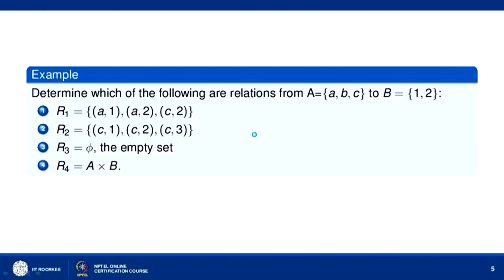Now, let us determine which of the following are relations from A equal to {a, b, c} to B equal to {1, 2}. Okay. So, here R1 is given as {(a,1), (a,2), (c,2)}.